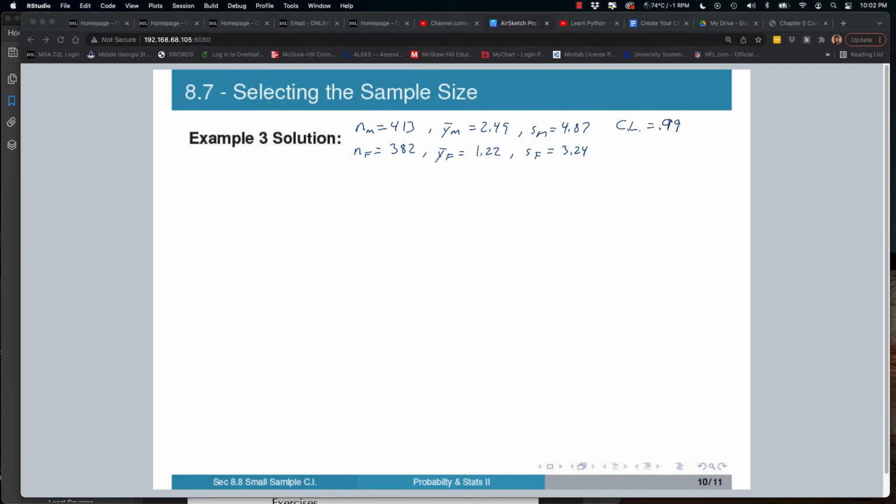Okay, so before we figure out the t alpha over 2 value, we first need to find the degrees of freedom.